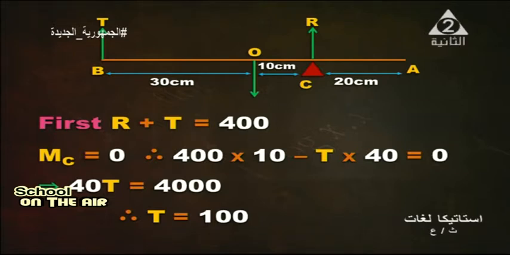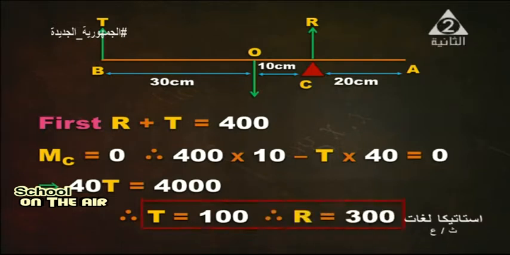Then, to find R, subtract: 400 minus 100 equals 300. This is R. My dear student, T equals 100 and R equals 300. In this example, we have forces up equal forces down. What are the forces up? T and R: the tension of the force and R, the reaction of the support. And 400 is the weight of the rod.